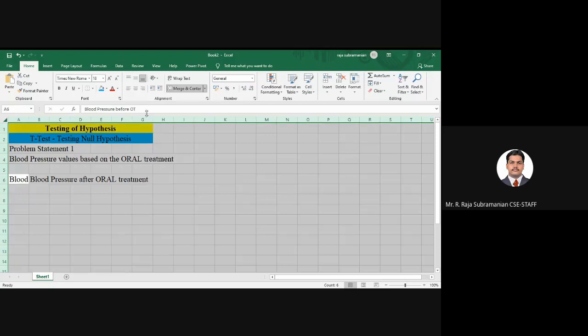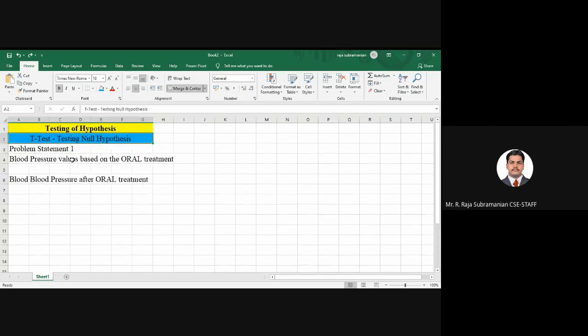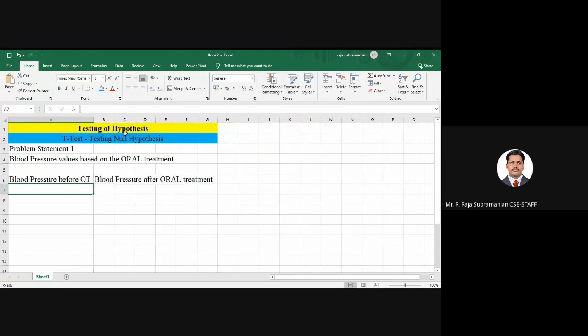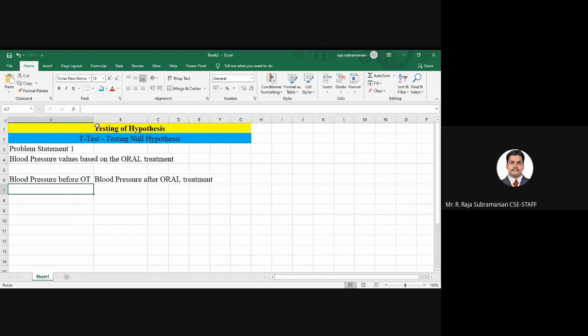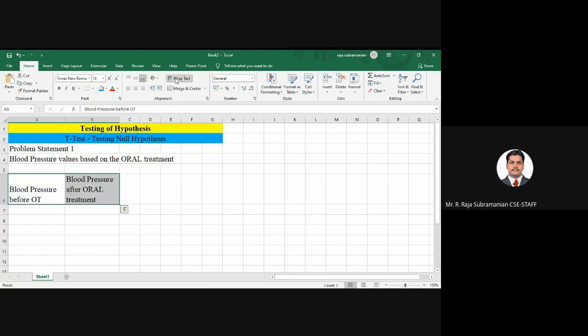So I have the blood pressure values here.